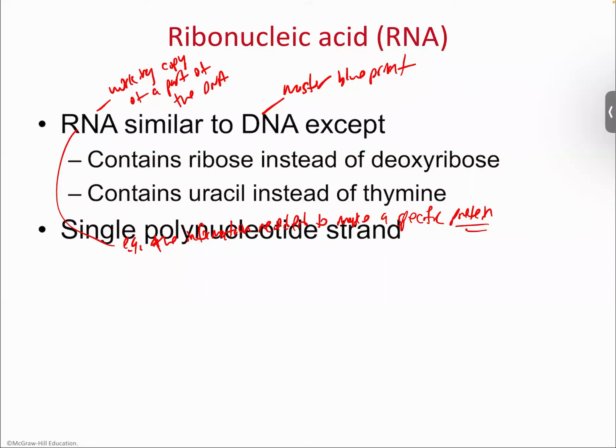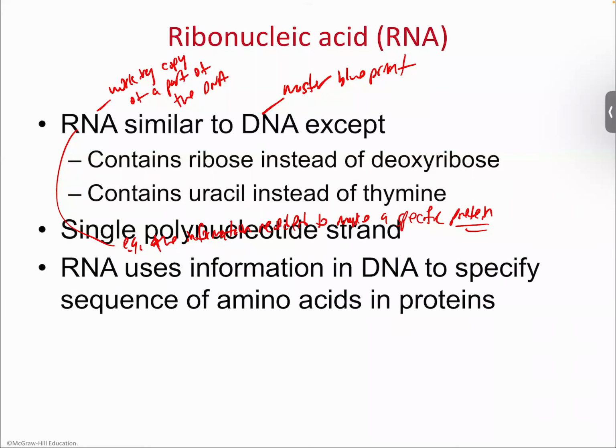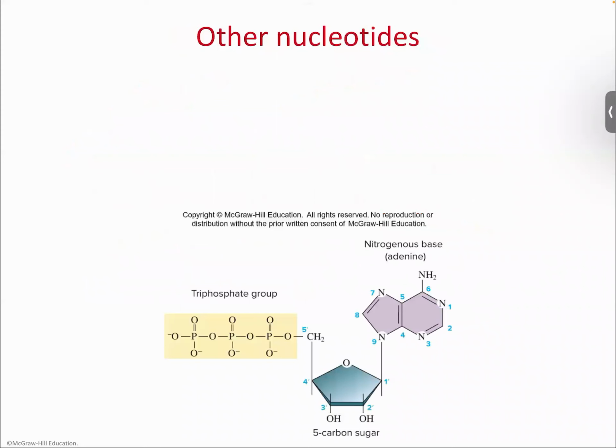We'll talk about how they work very intricately together in the last chapter when we talk about transcription and translation, because RNA is basically implementing the information, the plan, the design that DNA has. And then ultimately it will transmit that information that will lead to the selection of the amino acids in individual proteins.